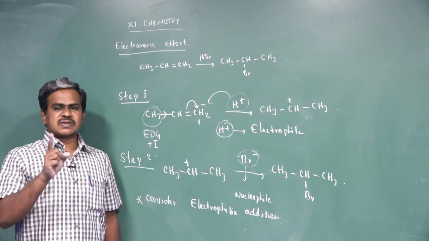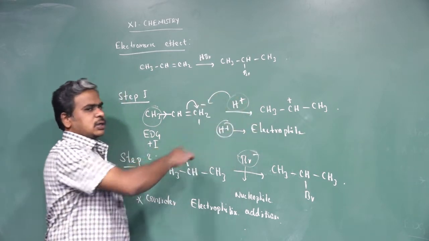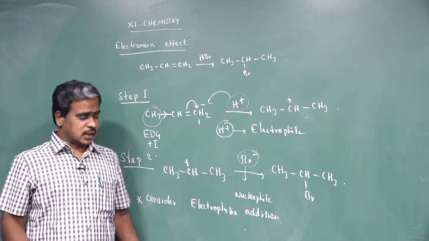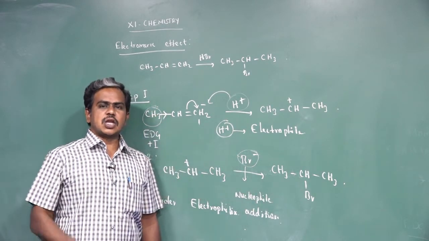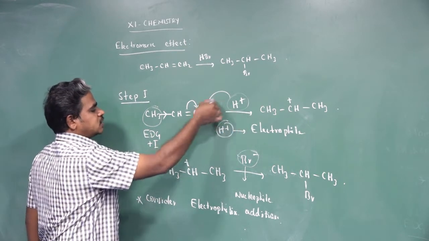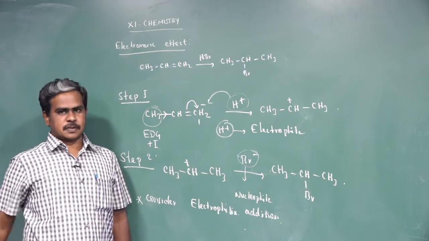So, which one is first? If the electrophile is going to attack in the first step, then it is considered electrophilic addition. If the nucleophile is attacking in the first step, then it is nucleophilic addition. So, in the first step, the electrophile is going to attack, so it is electrophilic addition.